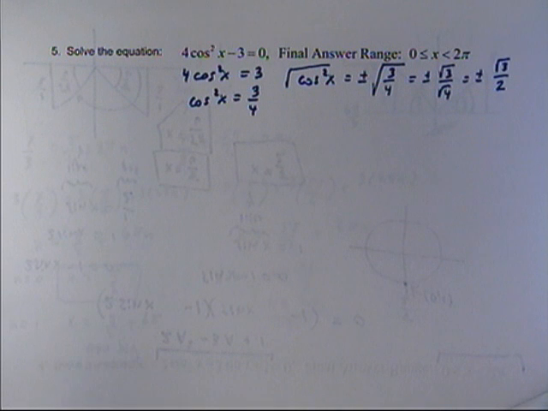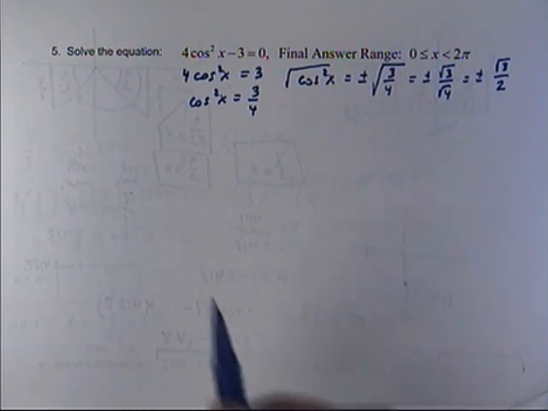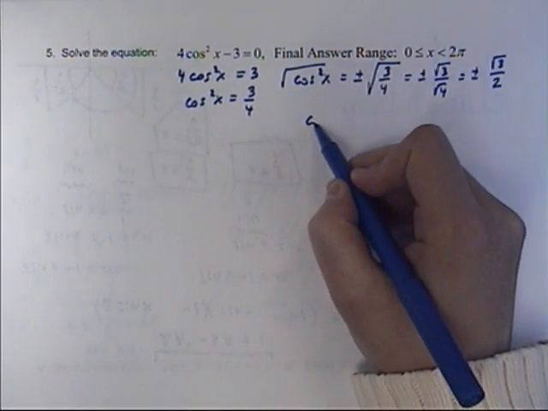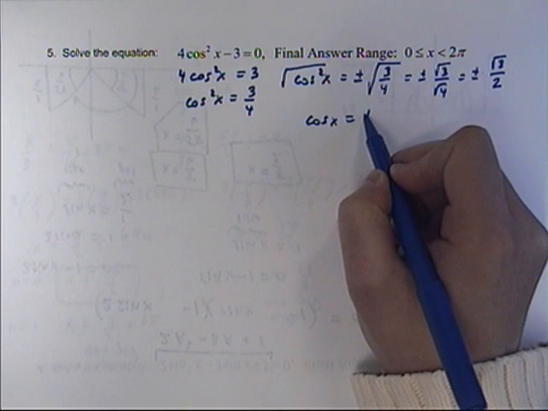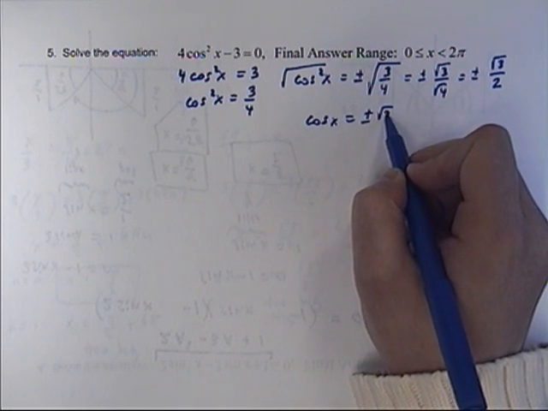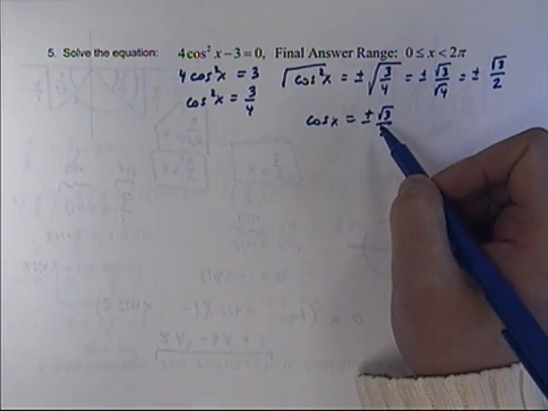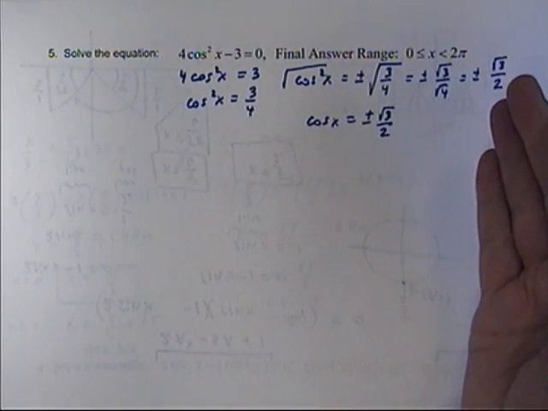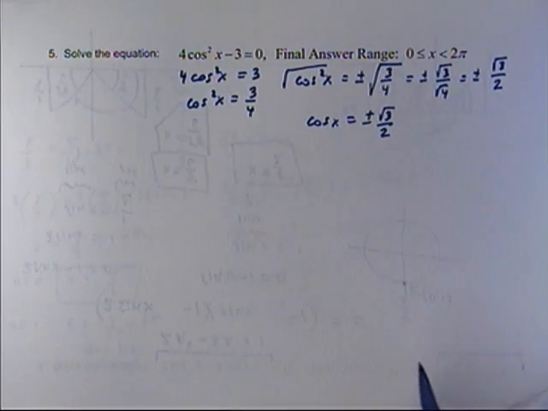Okay, now the cosine of x is plus or minus the square root of 3 over 2. Now cosine, where can it be positive and negative? Everywhere. Cosine is positive on the right side of the origin, cosine is negative on the left side of the origin, so we're actually talking about all 4 quadrants here.